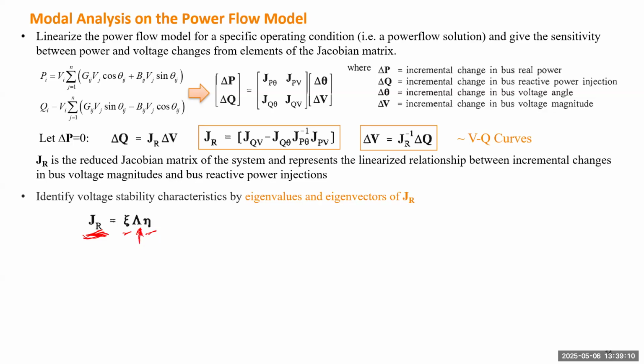So if we can decompose this JR into the product of three matrices, and the middle one will be the diagonal matrix, which means it can be diagonalized. That diagonal matrix will have all the entries on the diagonal being the eigenvalues. And that Kasai on the left-hand side and eta on the right-hand side basically tell the eigenvectors.